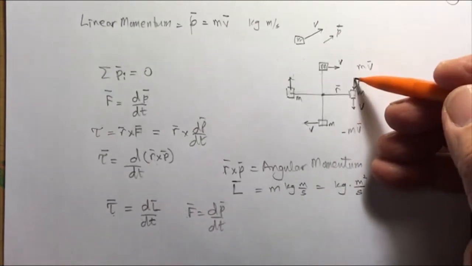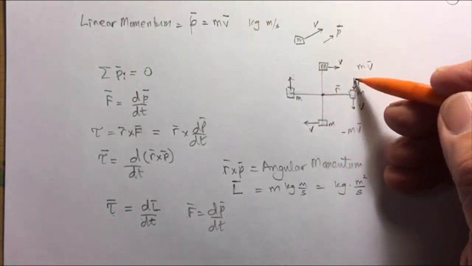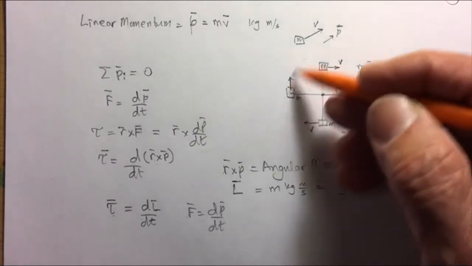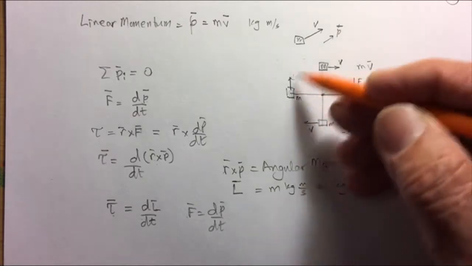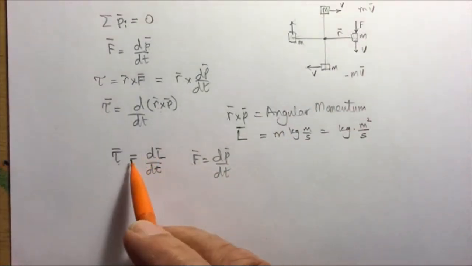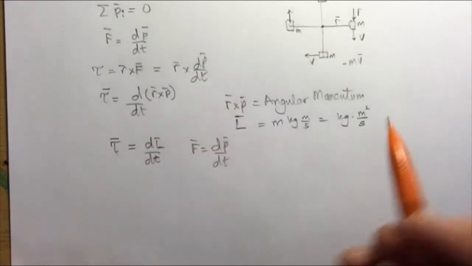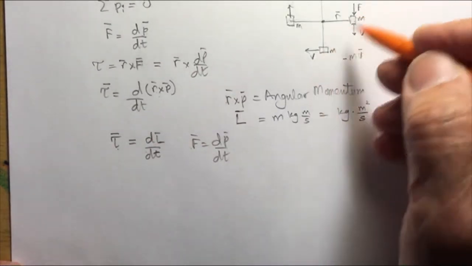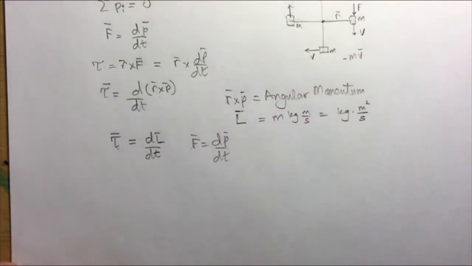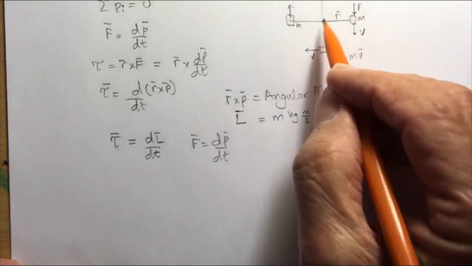So now we have a force applied at a distance, so we have a torque. That torque is going to change its angular momentum. So it's going to start spinning faster and it will gain angular momentum as a result of that torque. Individual particles will gain linear momentum, but the system's linear momentum will not change if it remains spinning, if the center of mass does not move.